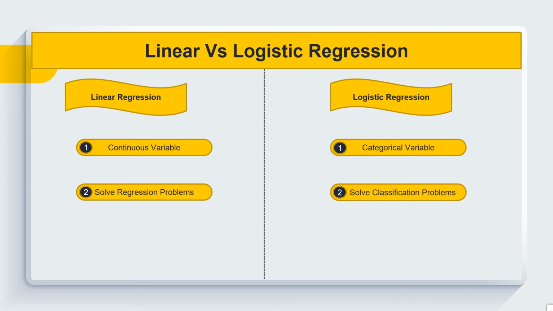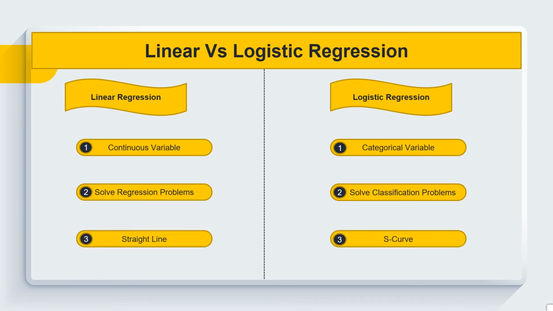Whereas in logistic regression you have discrete values. So logistic regression basically solves a classification problem. It can classify and just give you the result whether this event is happening or not. So I hope it is pretty much clear till now.